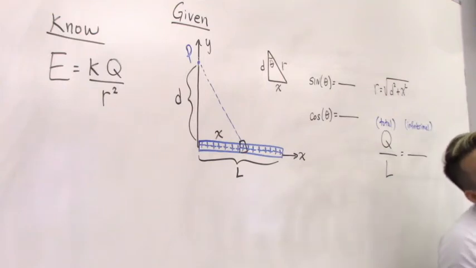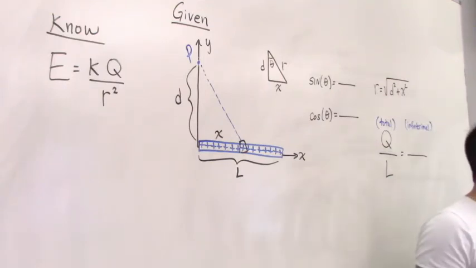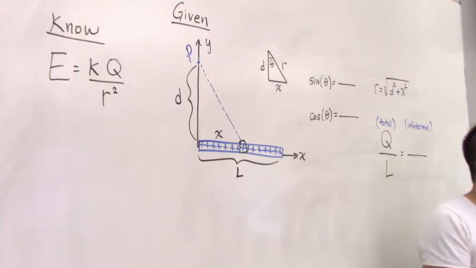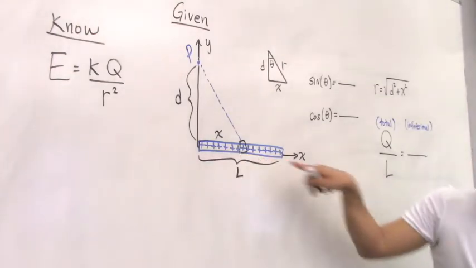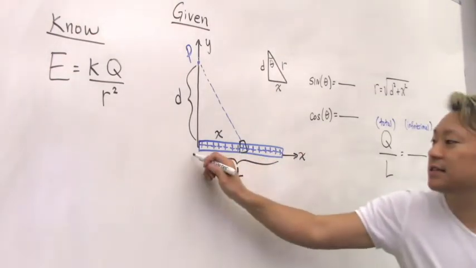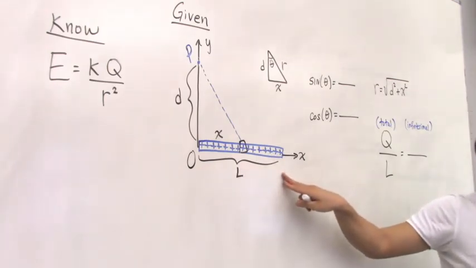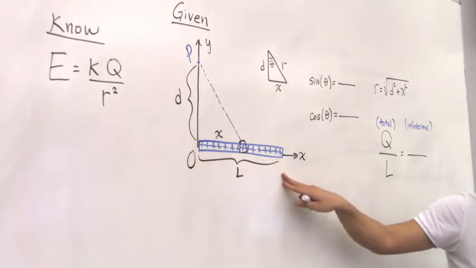It's basically continuous in the limit, and we're going to do an integral. Before we did point charges, we summed. But now we have so many, and it's almost continuous, so we're going to integrate along the x-axis. Obviously, this is the origin. We're going to integrate from 0 to L. That's our limits of integration.